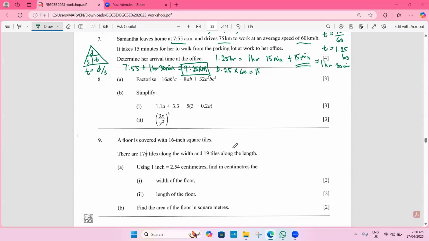Next, number 8, we need to factorize 16ab cubed c minus 8ab plus 32a squared bc squared. Look for the common factor among the numbers 16, 8, and 32. They are all factorable by 8.